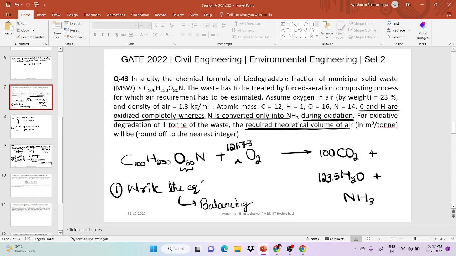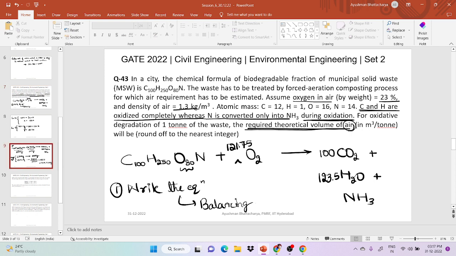Now the question says one more thing. There is one more twist. They are not asking about the oxygen, they are asking regarding the theoretical volume of air. In the question they mention, assume oxygen in the air is 23% and density of the air is 1.3 kg per meter cube.